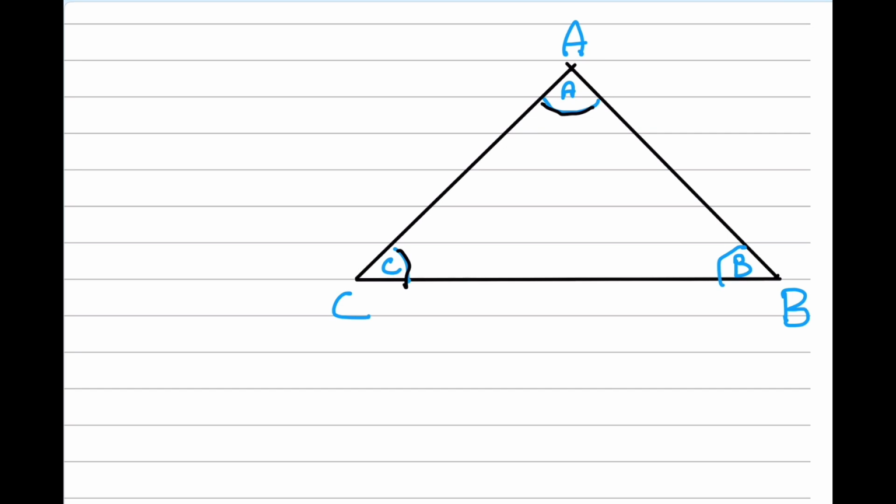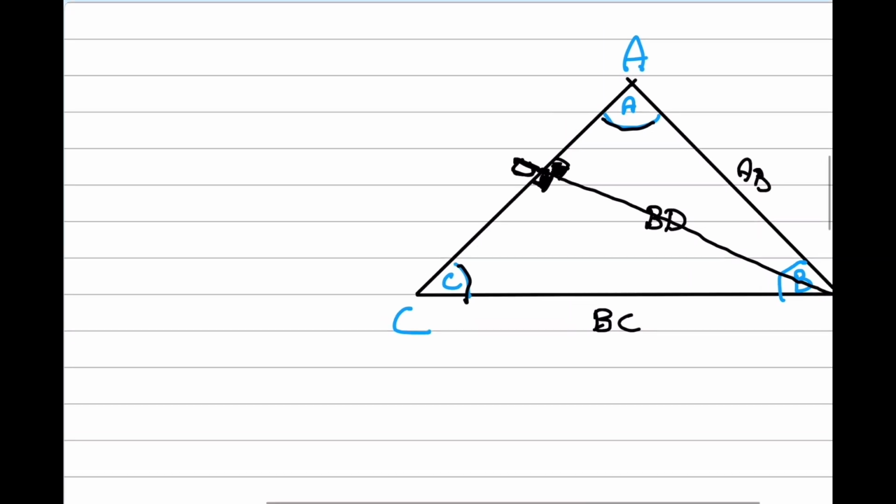For example, we take the vertex B and make a perpendicular projection on the side AC. This is an altitude for the triangle. Let this be the point D. So this is BD, and these are 90 degrees.